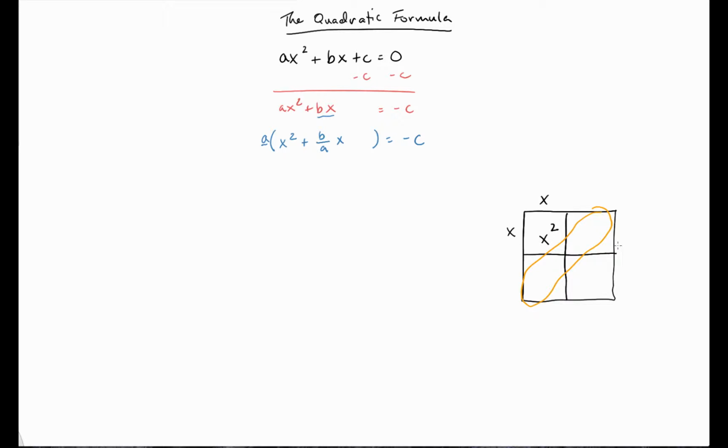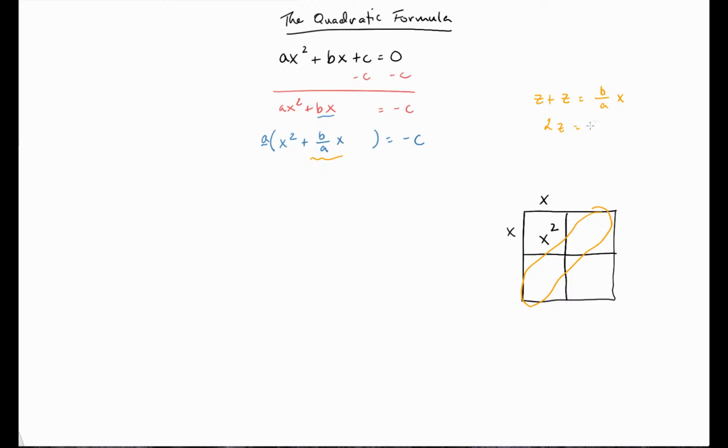Well, what could those be? I know that I need a number plus itself that equals b over a times x, right? Trying to come up with two numbers, or the same number, that adds up to that.